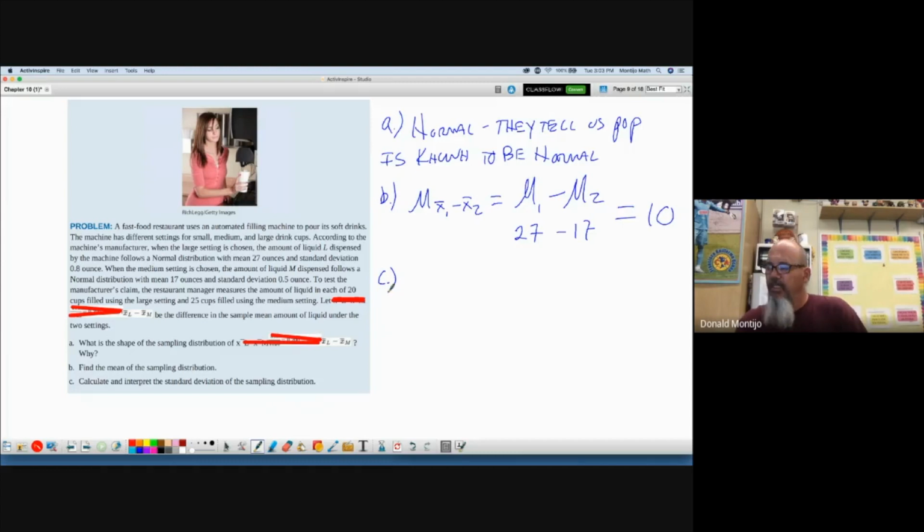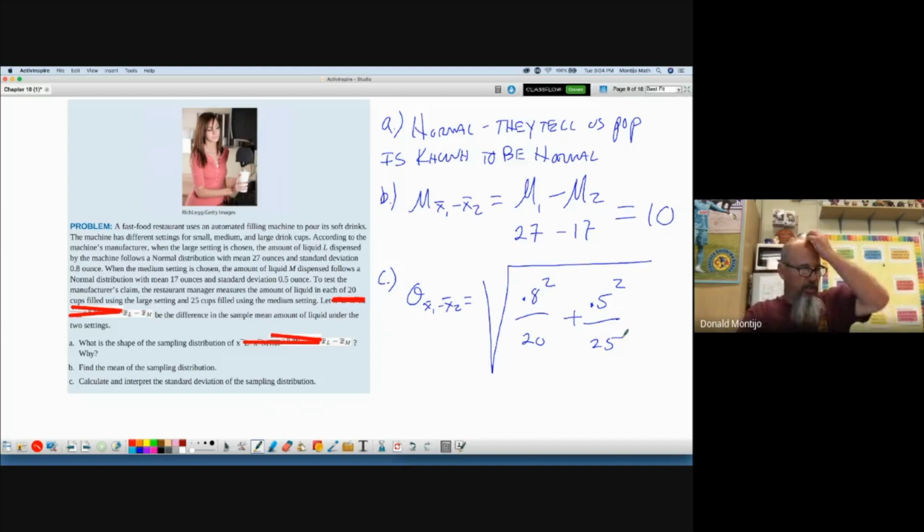So the standard deviation of x bar 1 minus x bar 2 says take the square root of s sub 1, which is 0.8 ounces, squared divided by n sub 1, so there were 20 cups filled using the large, plus the standard deviation of number 2, which was 0.5 squared, divided by how many from the medium, which was 25.